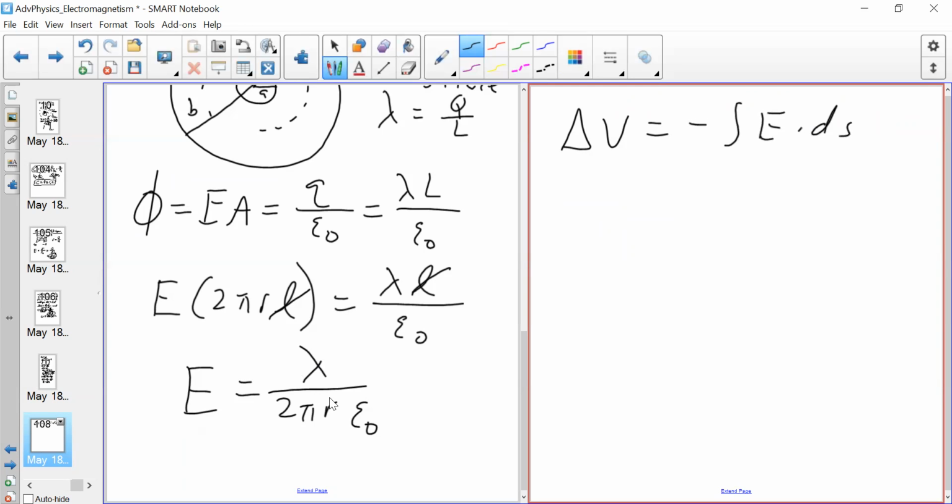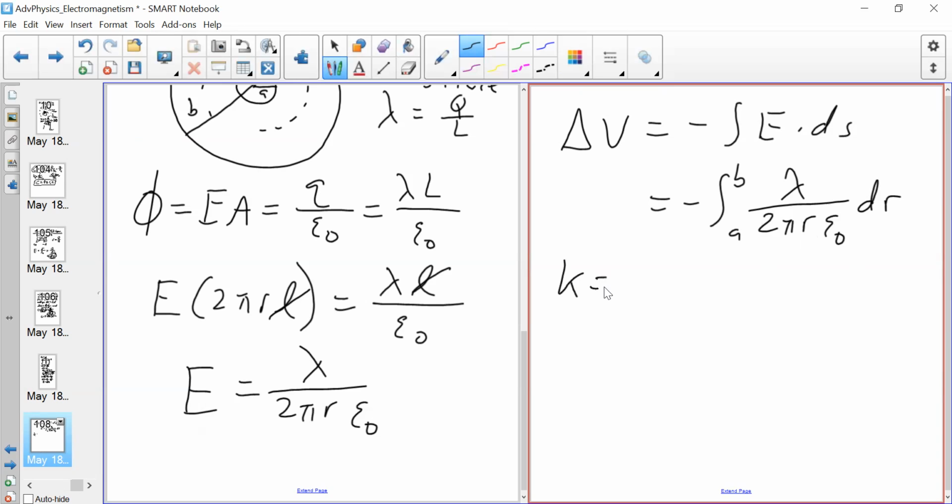We just got our electric field expression, so from start to finish, we can just call that A to B. It's going to be lambda over 2 pi R epsilon naught times dr. dr, ds, I'm just keeping the variables consistent. If I call this S and ds, it doesn't really matter. So now I can make this a little bit simpler, this 2 pi R business down there.